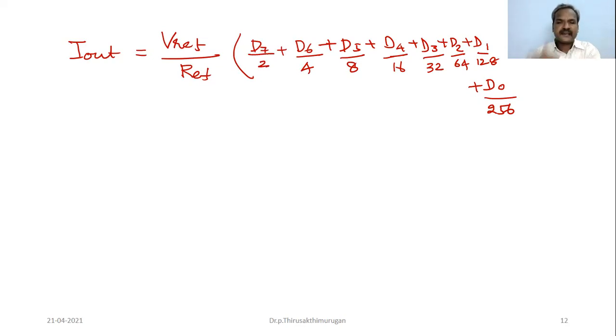So this is the current equation, the current flowing out from the network and passing to the operational amplifier, right?